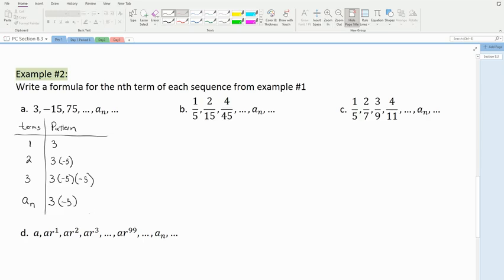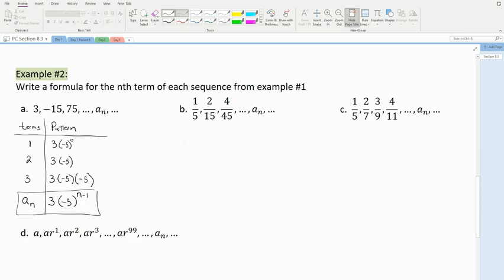For term 3, we did two -5s, term 2, we did one -5, and term 1, we did no -5s. And so I think it's very clear to see that our pattern should be 3 times -5 to the n-1 power. So that would be my nth term.